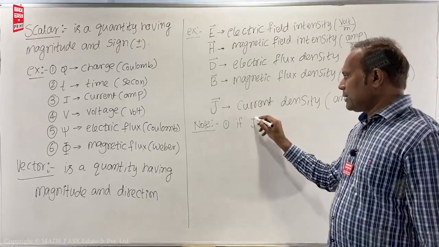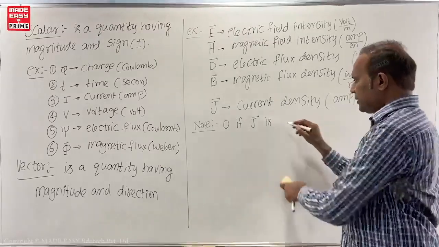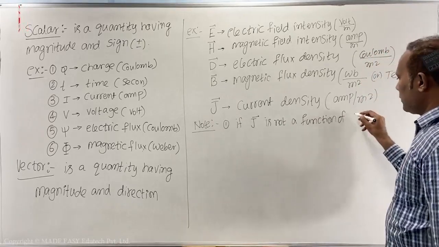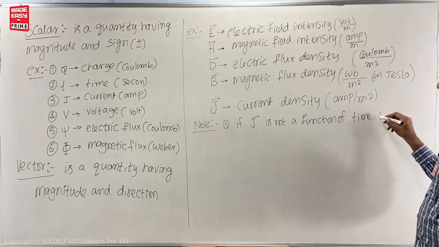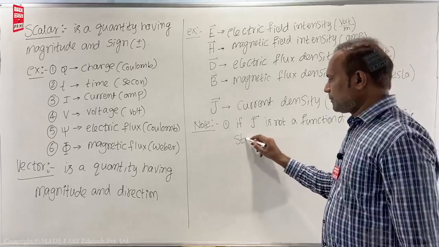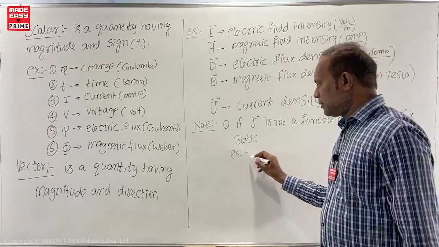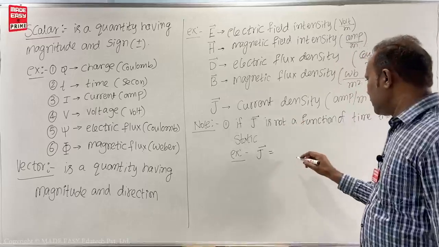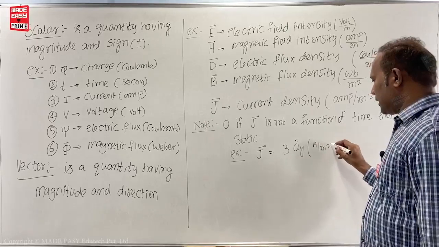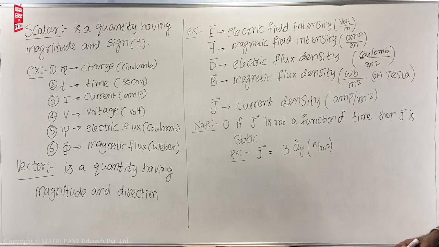If J bar is not a function of time, then J bar is static. Then it is called static actually. So example, you say J bar is equal to 3 a_y ampere per meter square. So it is not a function of time. So that is why it is called as a static.